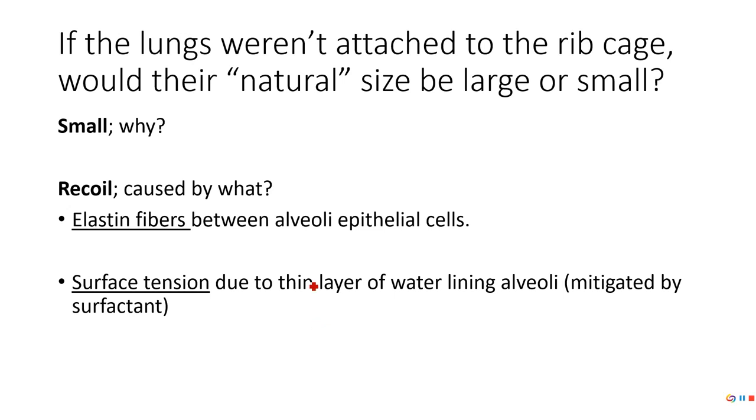They want to recoil. That's their normal thing. And then surface tension, which we'll talk about in a little bit, there's a thin layer of water inside your lungs that actually helps with this recoil, and that's really important. This surface tension also causes the lungs to want to recoil. And we'll talk about that more in a couple videos.